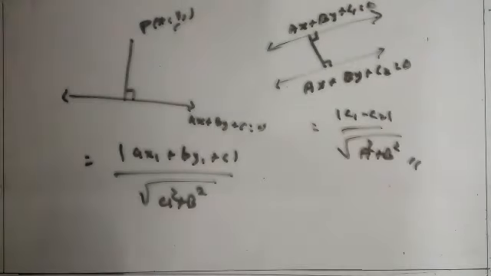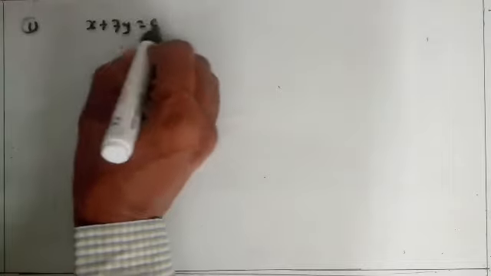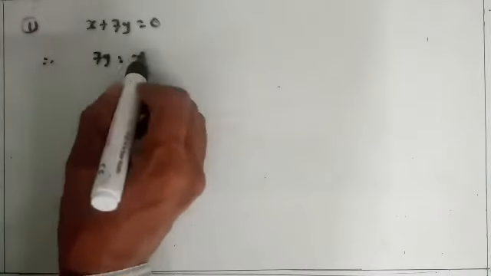Now here we solve some questions of exercise 10.3. Question number 1. Reduce the following equation into slope intercept form and find the slope and y-intercept. Here first, x plus 7y is equal to 0 is given. Here change into slope intercept form. For this, formulate y. x take this side, so 7y is equal to minus x.